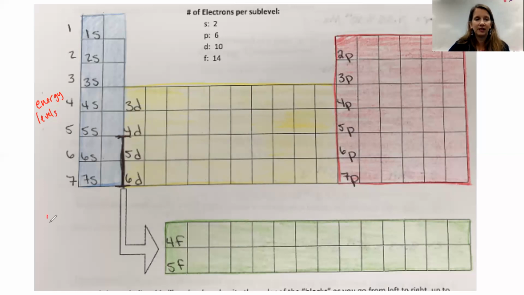For example, with 1s, the 1 represents our energy level, and the s represents the sublevel. That gives us a better idea of where the electrons are located. So instead of just saying the electron's in the 3rd energy level, you could say it's in the 3d sublevel.